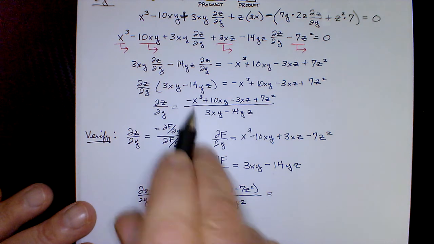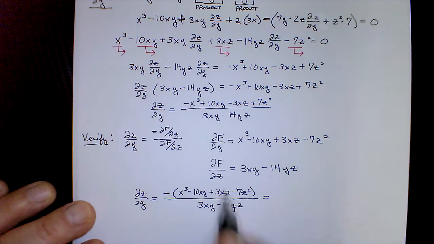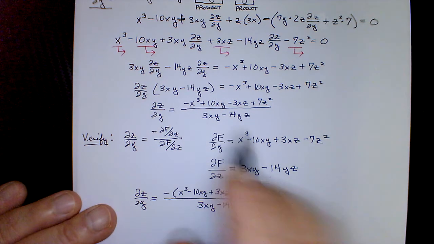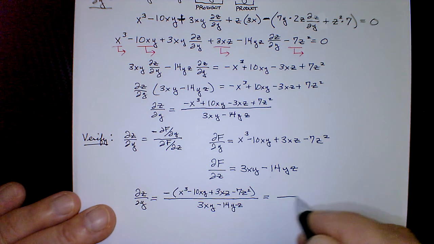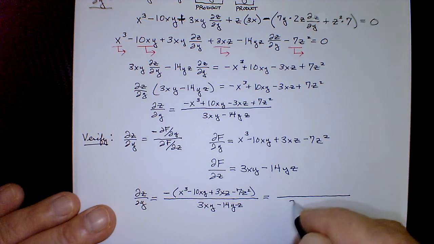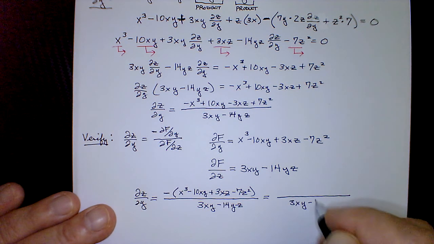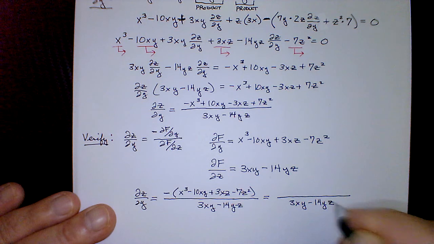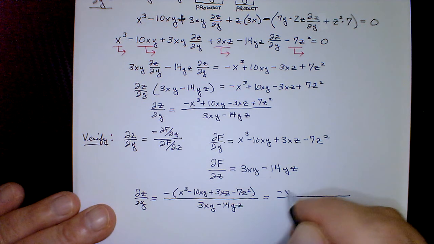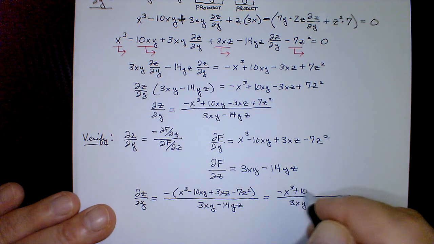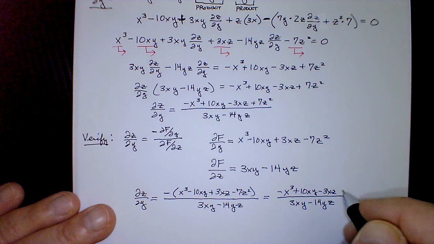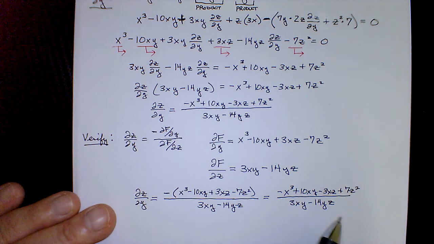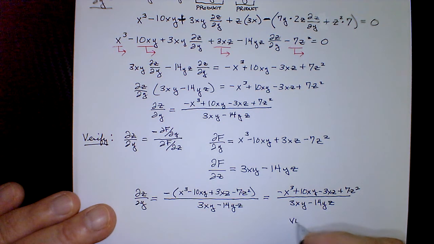And that's pretty much sufficient to show, because you could see that everything's the same upon mentally distributing this negative. But if you wanted to distribute that negative literally, negative x cubed plus 10xy minus 3xz, and then plus 7z squared. And now you can see it matches identically. So it's verified.